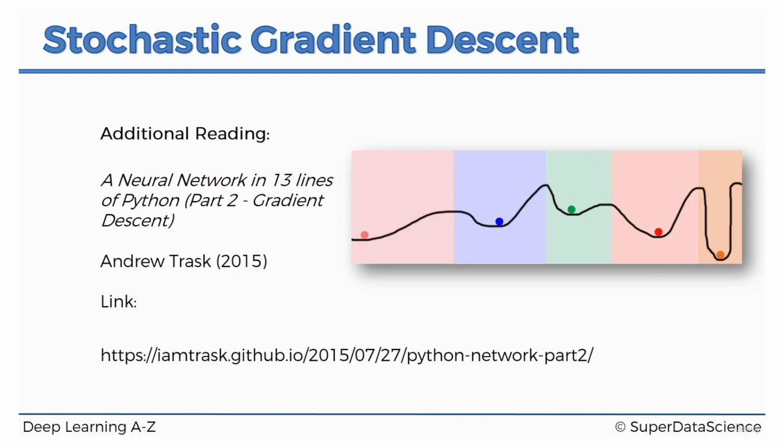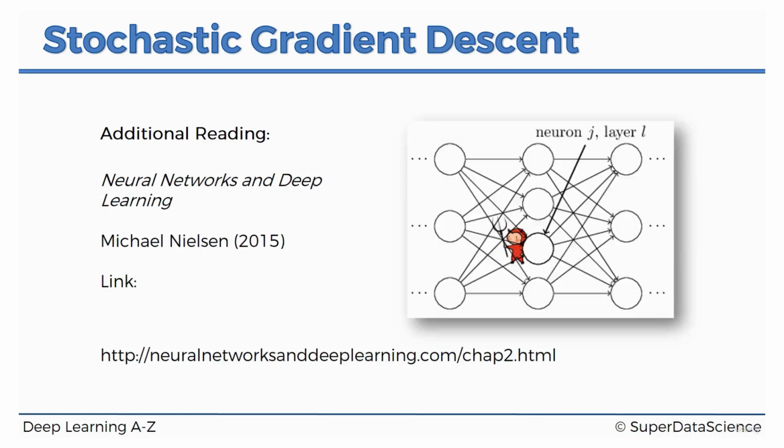And another one, a bit heavier read for those of you who are into mathematics, who want to get to the bottom of the mathematics: what are the formulas that are driving gradient descent, how is it calculated, and so on. Check out the book, a free online book called Neural Networks and Deep Learning by Michael Nielsen, a 2015 book. It's all online.